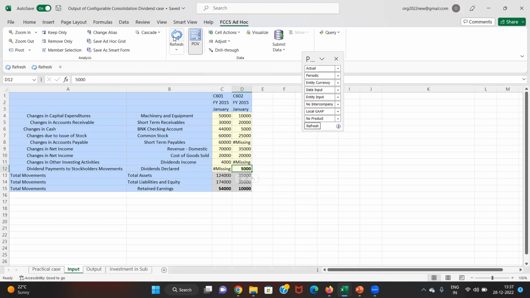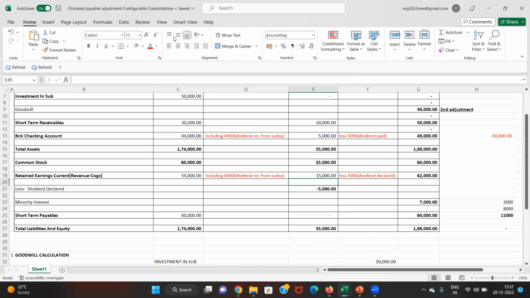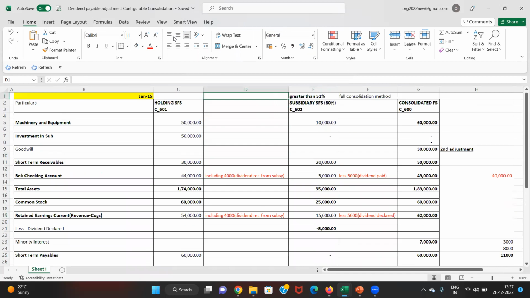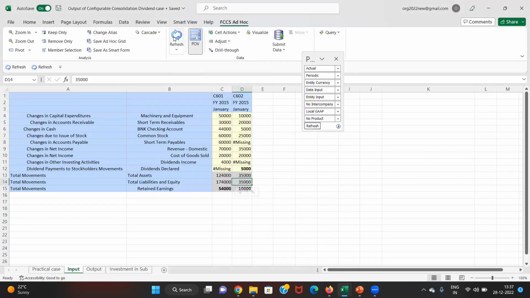So 15 minus 5 is 10,000. Our retained earnings is also mapping as per our use case. All of the accounts we have taken here, including the dividend income of 4,000, and all the assets and liabilities are the same as we have taken in our use case.